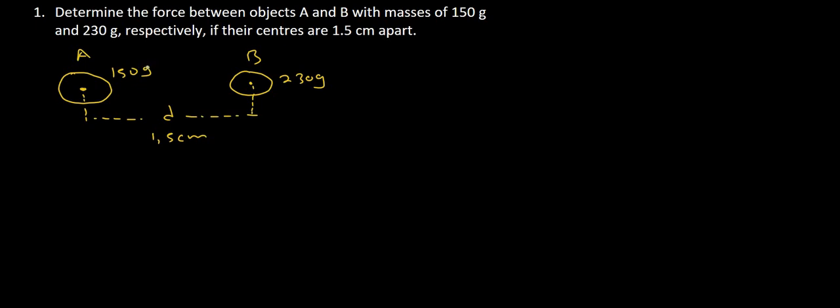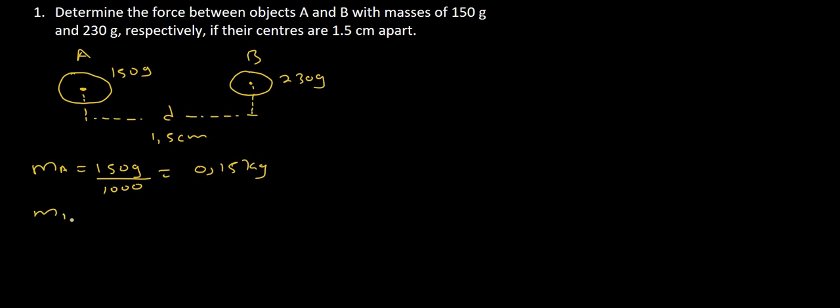So the question needs the application using the formula. Number one, we need to convert. We said the masses must be in kg and the distance must be in meter. Mass of A, which is 150 gram, to convert it to kilogram, we need to divide by 1,000, which is going to be 0,15 kg.